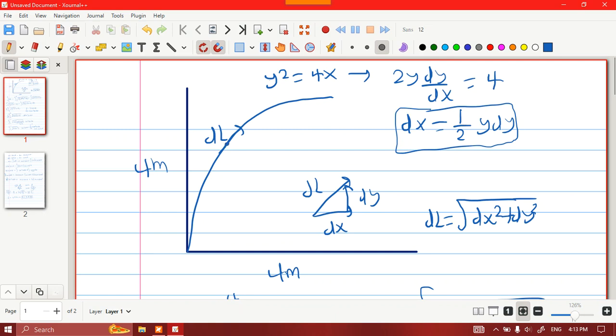From the center of dL, this is y, this is x. This is the reference axis.